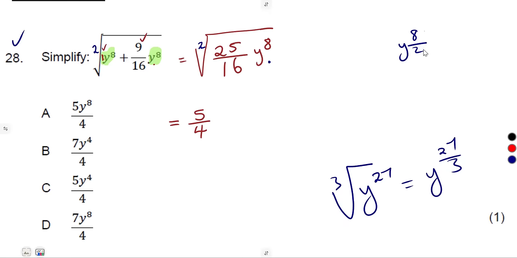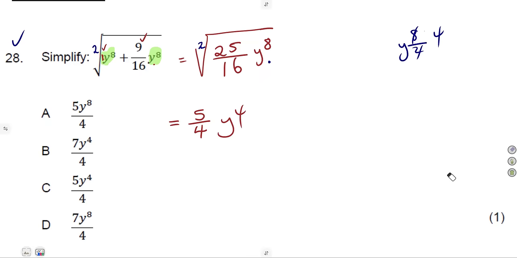So here, 8 over 2, that's what? That's a 4. So it's going to be y to the exponent of 4. So that's it. From this simplification, and looking into the answers, guys, this one is best as what? C. This is the same writing as C.